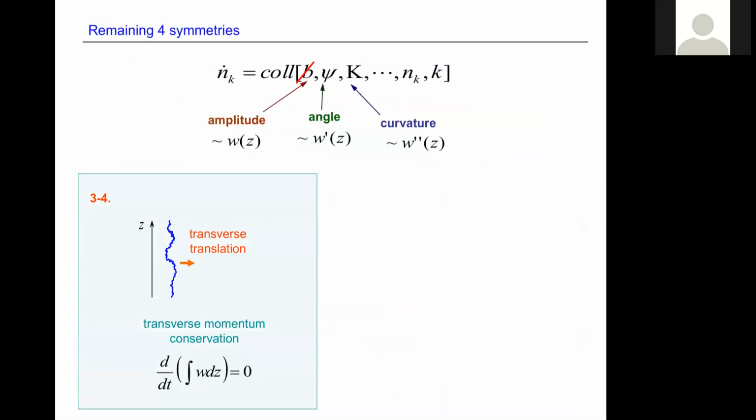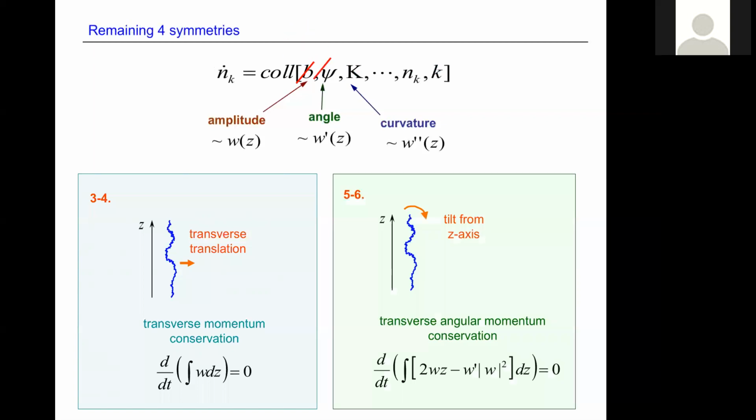The transverse translational symmetry, so we haven't used the remaining 4 symmetries, but if we can use them, we see that the transverse translation means that the dynamics cannot depend on the overall amplitude of the system quite clearly. So the overall amplitude of long wavelength modes drops out of the problem. The angle must drop out due to the tilt symmetry, because obviously I can tilt the line and the physics will not change, right? And therefore the kinetics at short wavelengths can only depend on the long wavelength curvature of the system.